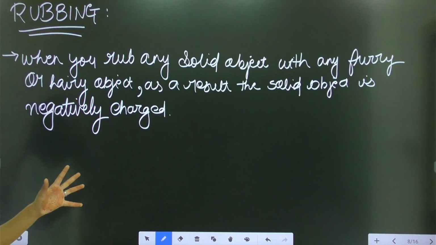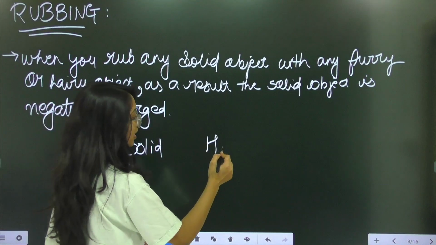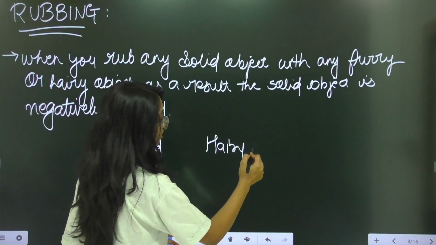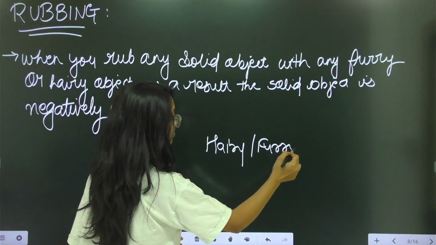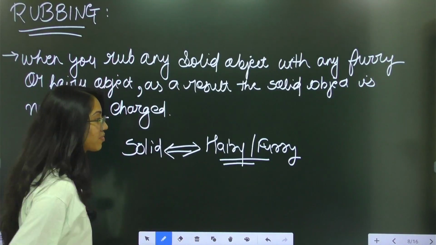Because why? Because when the solid object and the hairy or furry object are rubbed, what happens?